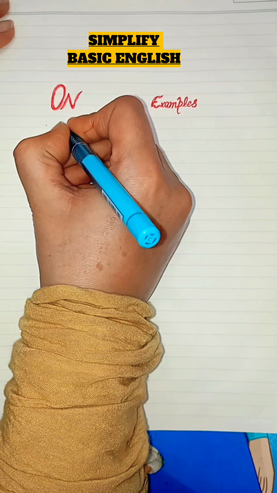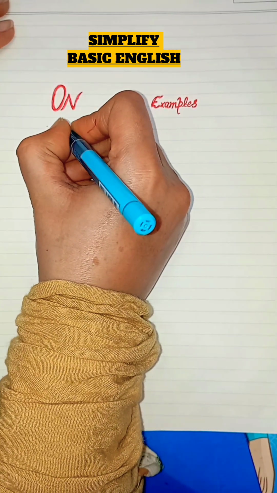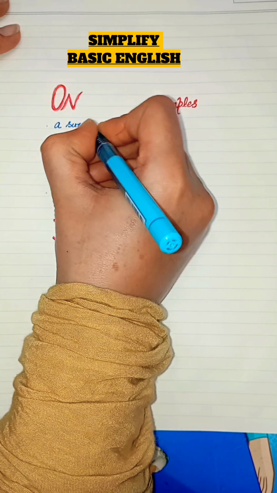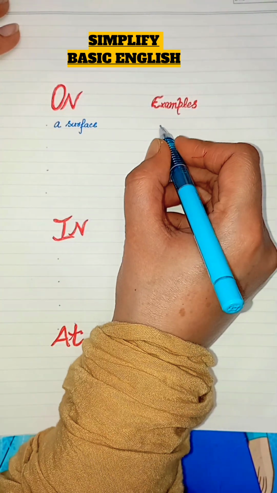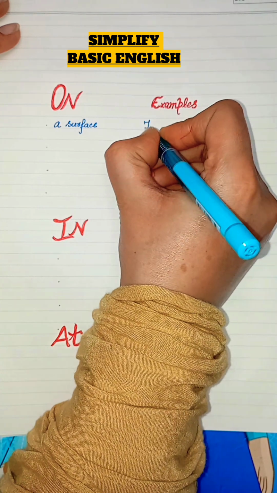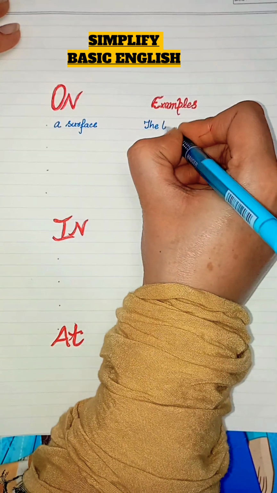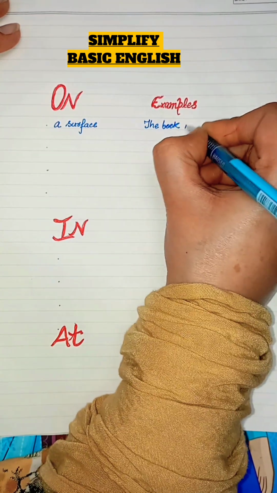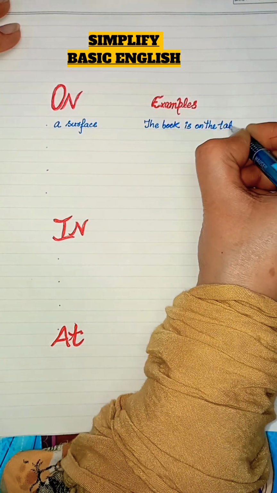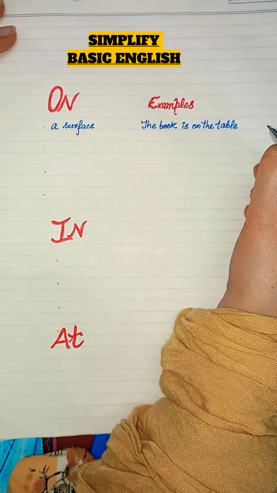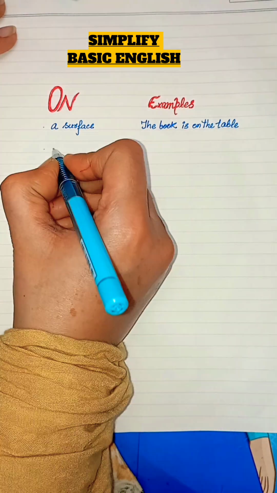We use on to talk about a surface. For example, the book is on the table. A date.